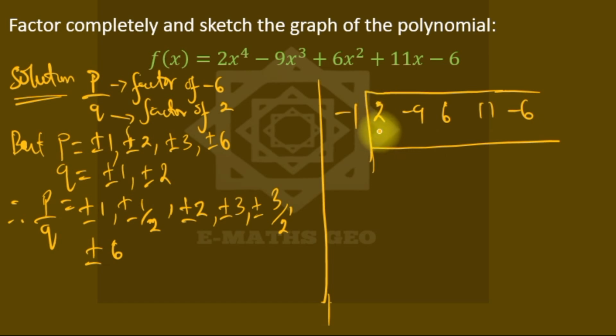Remember how we do synthetic division, bring down the number here, which is 2. -1 times 2 is -2, add -11, multiply, 11, add 17, multiply, -17, add -6, multiply, plus 6, add 0. So the remainder is 0.